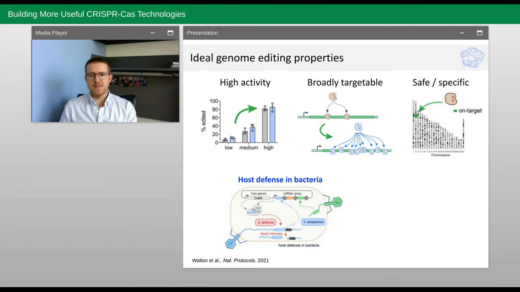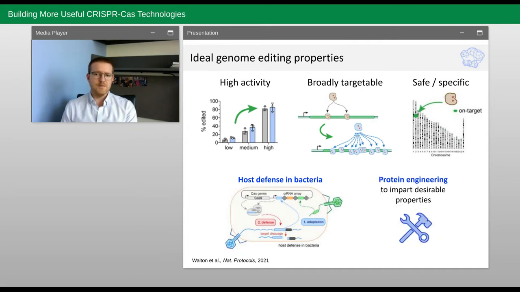So I think this has major implications for the clinical use of CRISPR enzymes and how we can take these enzymes out of bacteria and repurpose them to be used effectively as research reagents or in humans. That's where we use protein engineering to try and solve this problem, where we can take these naturally occurring enzymes and tweak them to make them more amenable as human therapeutics.